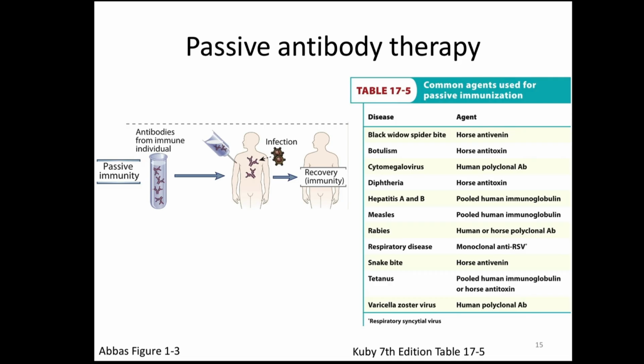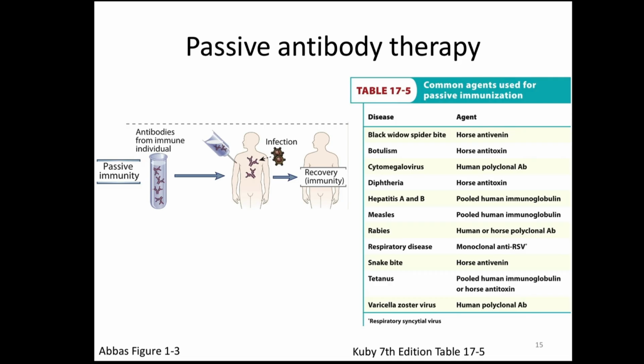One downside of passive antibody therapy, which we will see next time, is of course that this individual who receives the antibodies passively did not make their own antibodies. It was passive, not active. As a result, if they get infected again, they don't have a memory response.